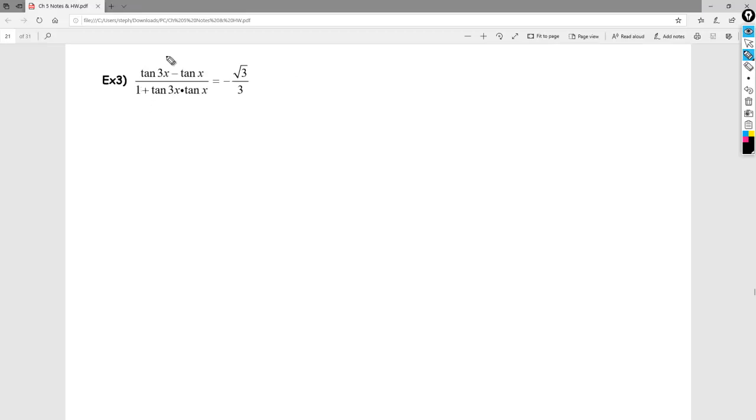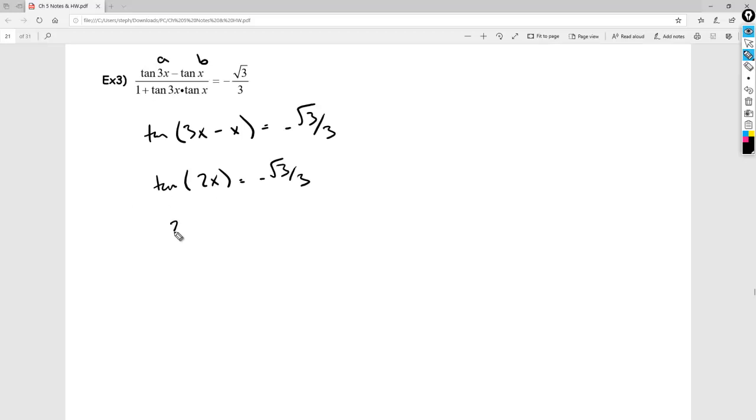So what I can determine from this is my A and this is my B. Okay. And so again, this is tangent difference. So this is just tangent of 3x minus x, which is equal to negative root 3 over 3. I can reduce this on the inside, so just tangent of 2x.